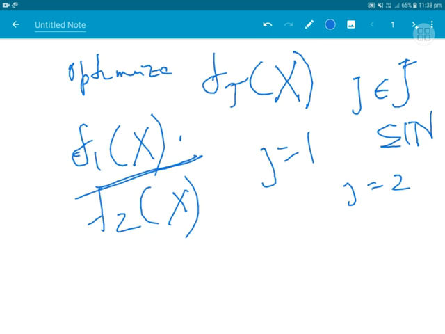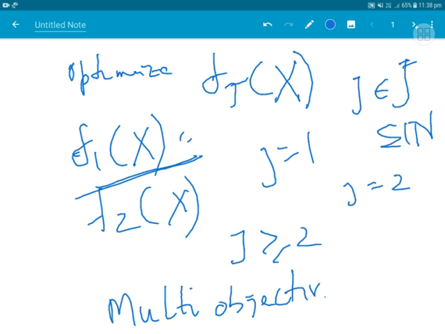In fact, we will be given only one objective function and we have to optimize it. Whenever this J is greater than or equal to 2, then actually it is a multi-objective program. So this is one thing.